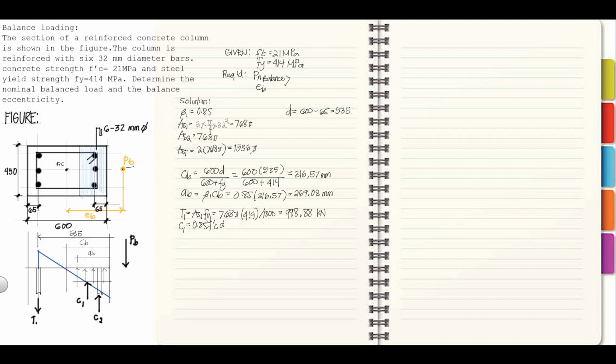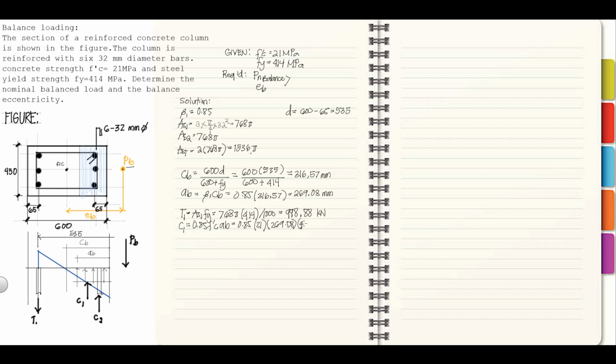Times the area, A times B. Okay? So that is 0.85 F prime C is 21. What is our A? Ang A natin is our AB here. It's 269.08. Okay? Multiply natin ng width.